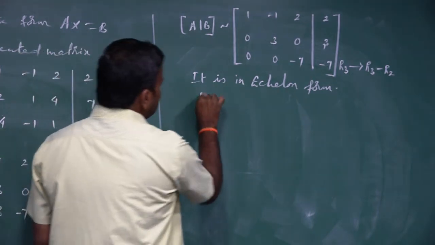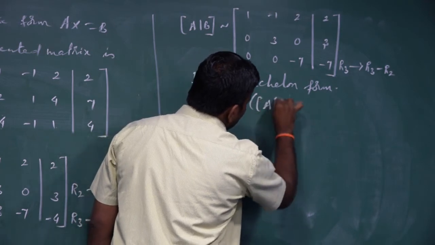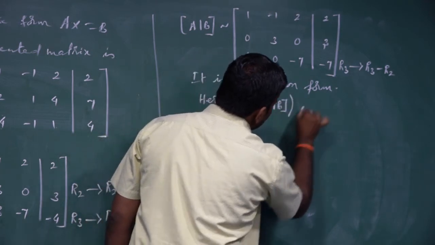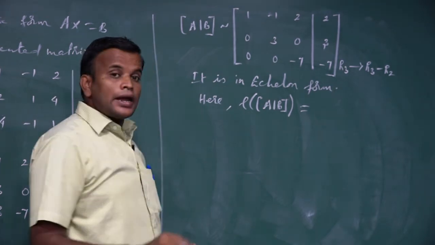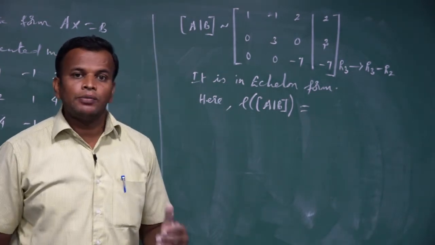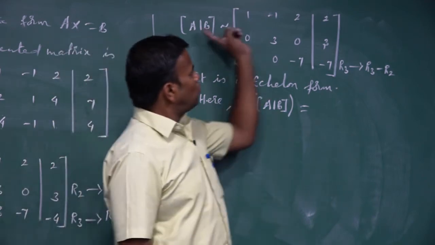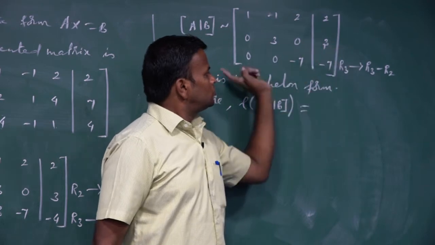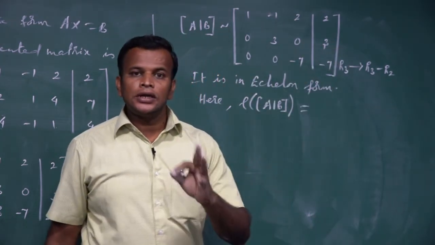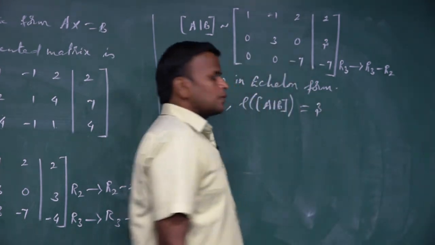Here, the rank of the augmented matrix A|B. What is the rank? Rank means the number of non-zero rows. How many non-zero rows are there? 1, 2, 3. So it has 3 non-zero rows, so rank of A|B is equal to 3.